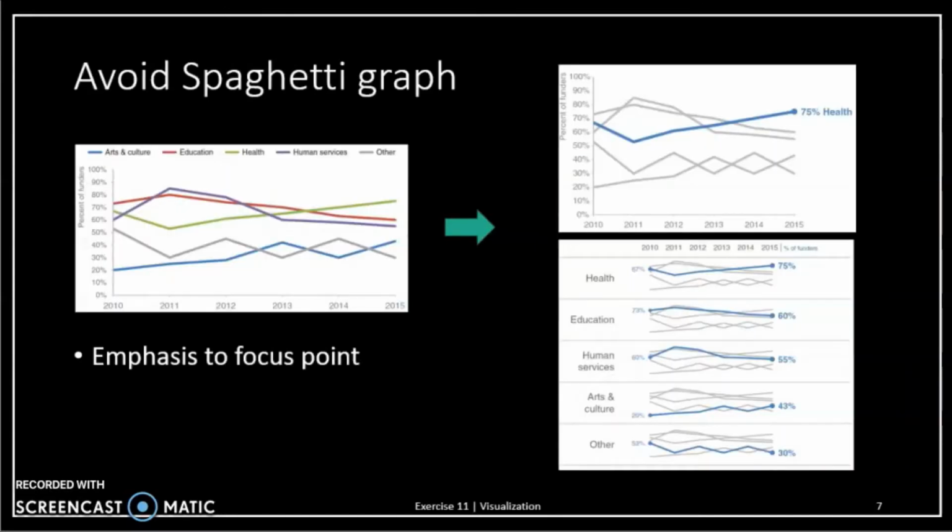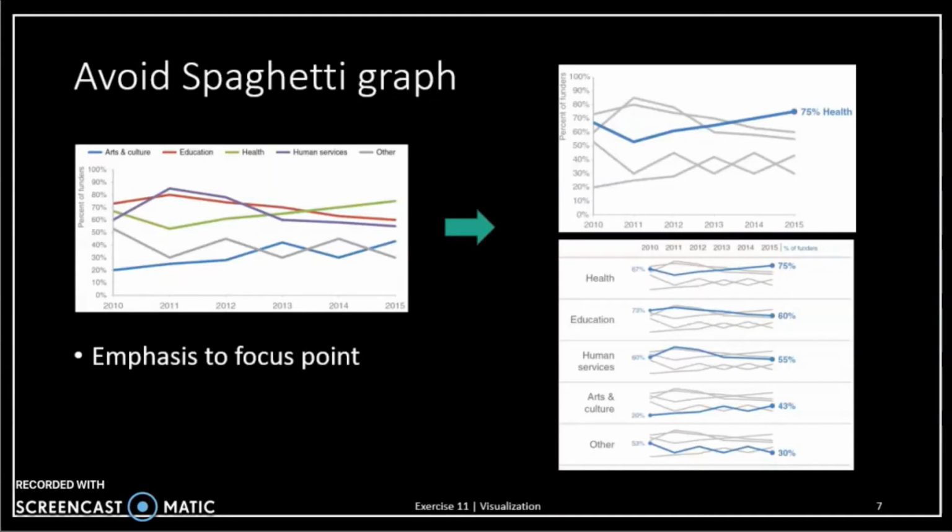And next is the famous spaghetti graph. A spaghetti graph is just a series of line charts, and in the left chart we have all the line charts. It's not focused on anything, so it doesn't tell a story. There are different ways we can fix it. One is just emphasis on the focus point.